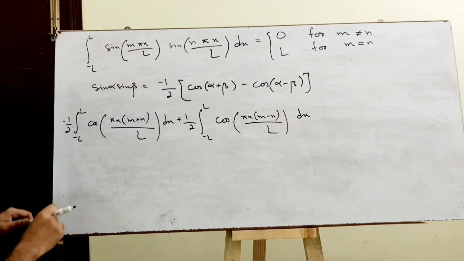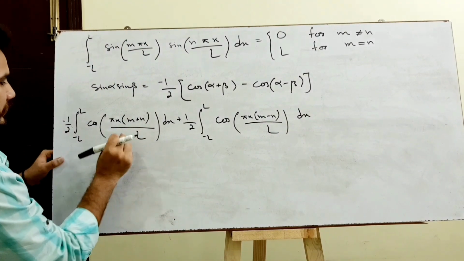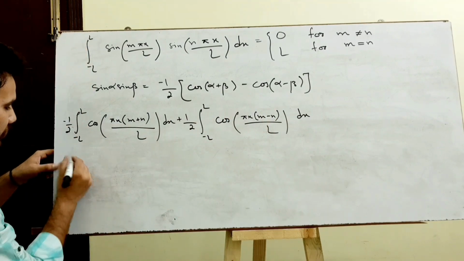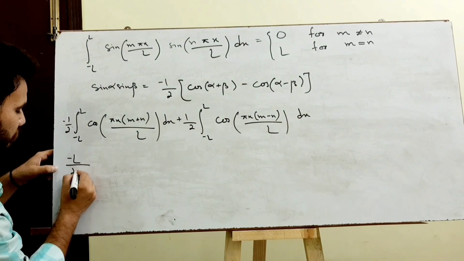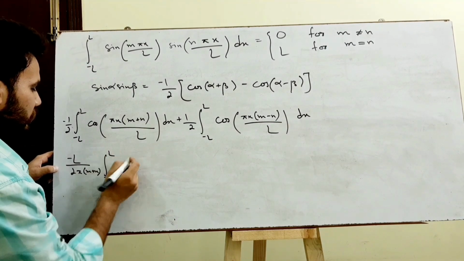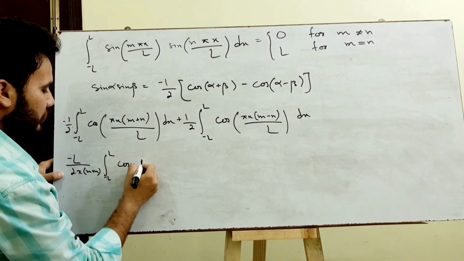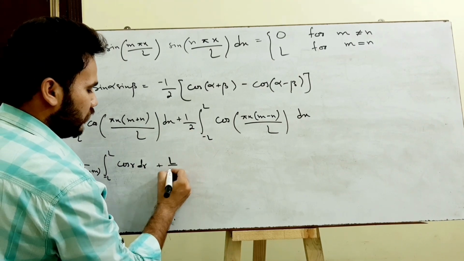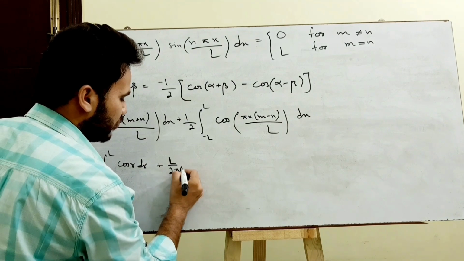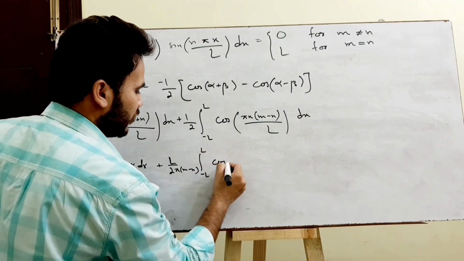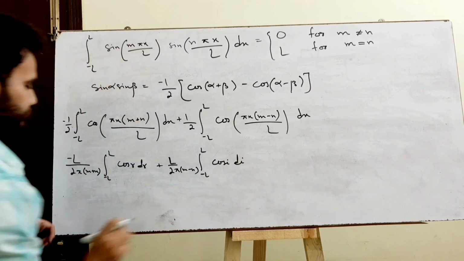So again taking r equals this thing and I equals this thing, this will be minus L over 2 pi (m plus n), integral from negative L to positive L of cosine r dr, and this is positive L over 2 pi (m minus n), integral from negative L to positive L of cosine I di.